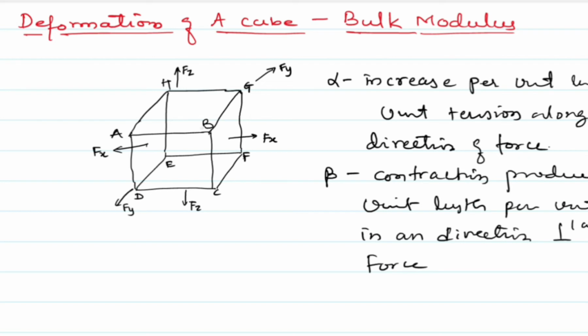So I have drawn here. If you are applying force in this direction, then the increase of that unit, it may be length or any change, is along the applied force, and then next, that much contraction will be produced in the body perpendicular to those forces.